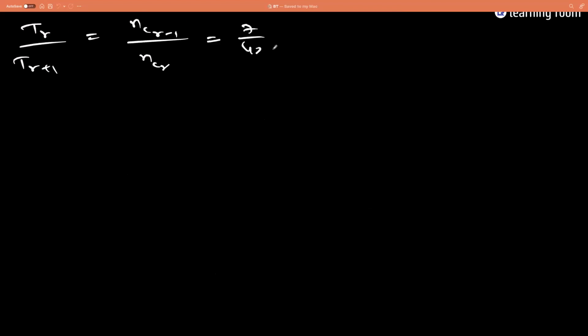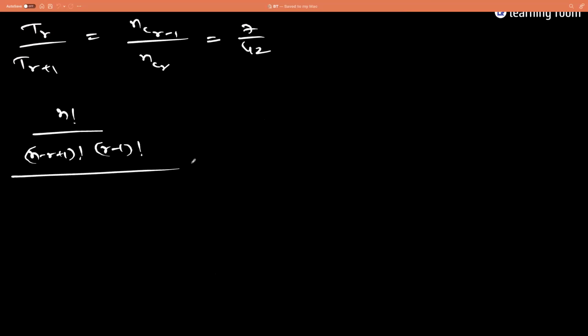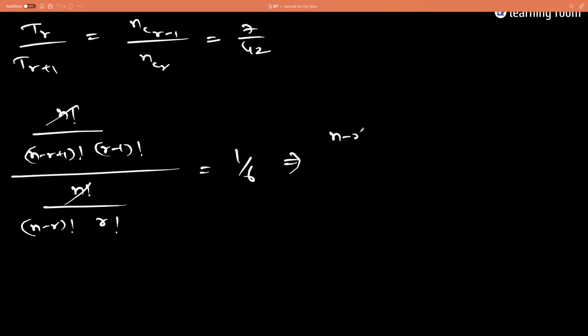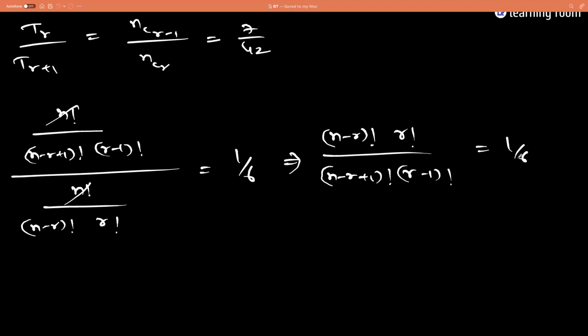7:42. So it is n factorial divided by (n minus r plus 1) factorial into (r minus 1) factorial divided by n factorial divided by (n minus r) factorial into r factorial. This is 1 divided by 6. n and n are gone, which implies (n minus r) factorial into r factorial divided by (n minus r plus 1) factorial into (r minus 1) factorial is 1 by 6.